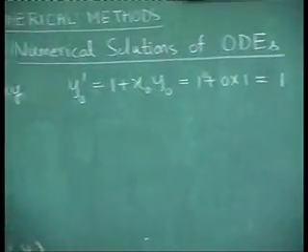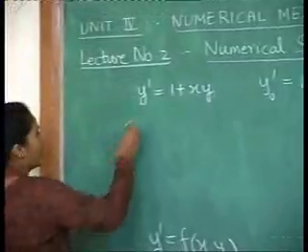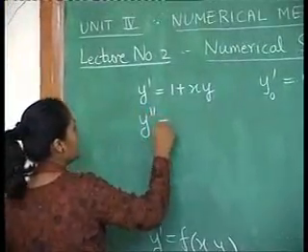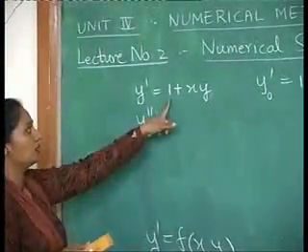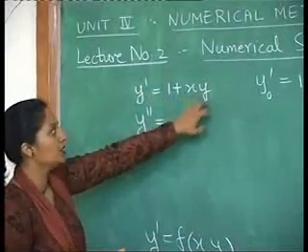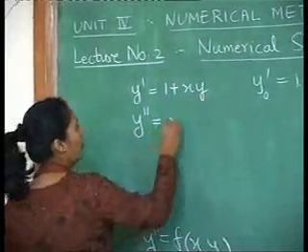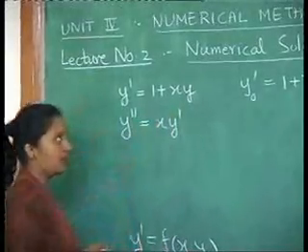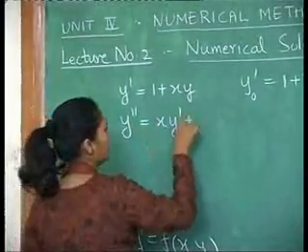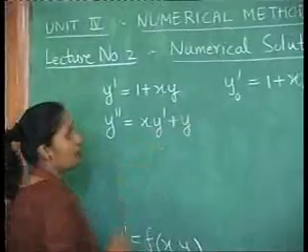Now let's differentiate this again with respect to x. That will give me the second derivative. 1 is a constant, its derivative is 0. Let's use the product rule for this: first function into derivative of the second plus second function into derivative of the first function.